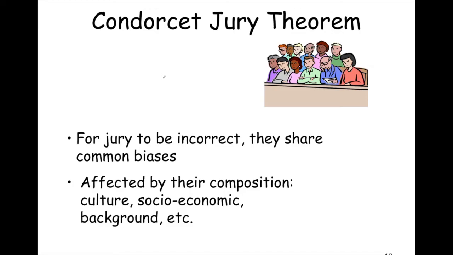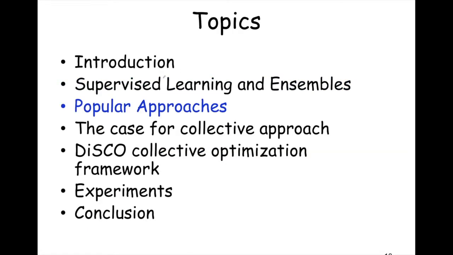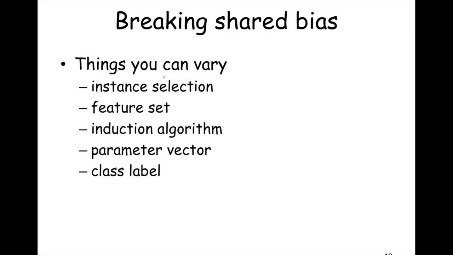Now, certainly classifiers don't have socioeconomic status and these factors, but still, when we're dealing with an ensemble of classifiers, we want to build the classifier jury, as it were, in such a way that we can break the shared biases. So let's look at how we might do this. Popular approaches for doing this vary the factors that make up the composition of an ensemble classifier.